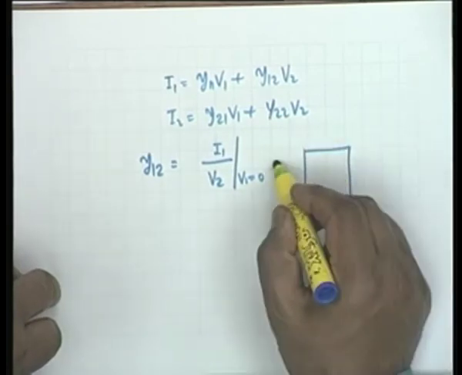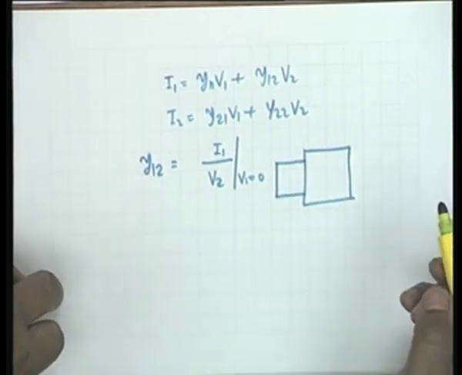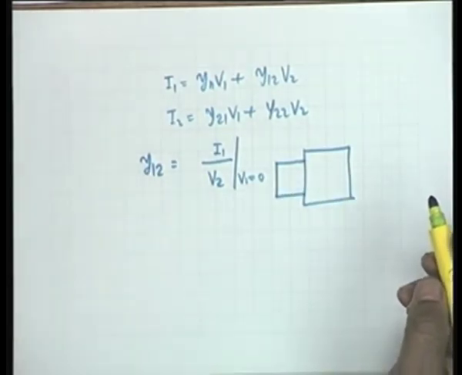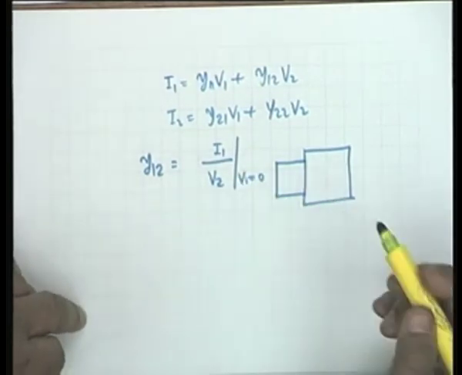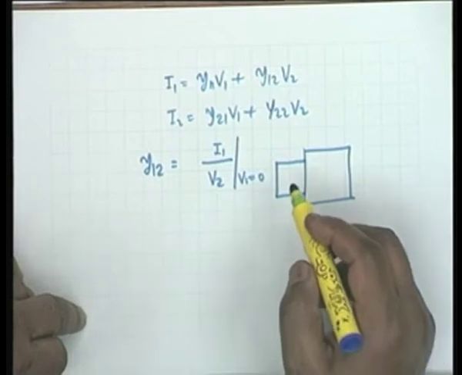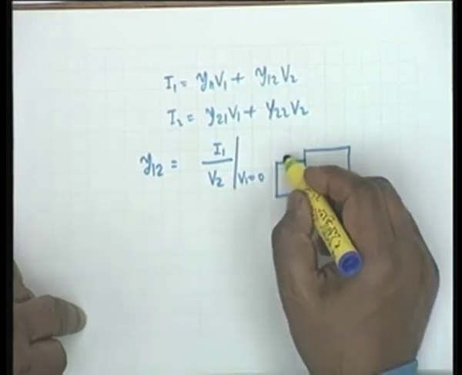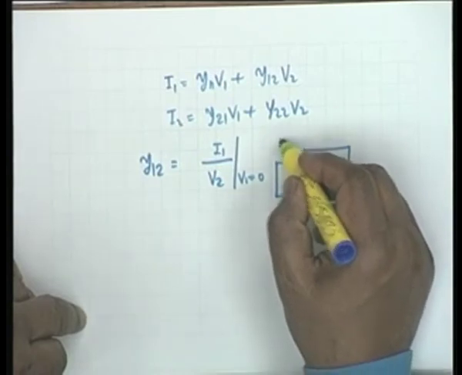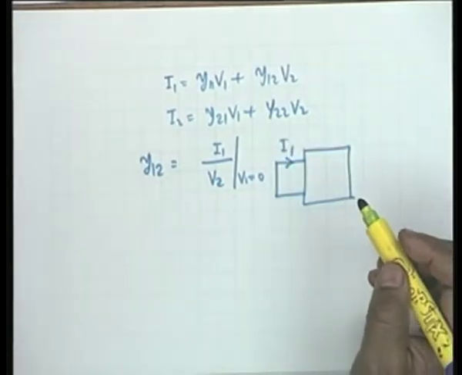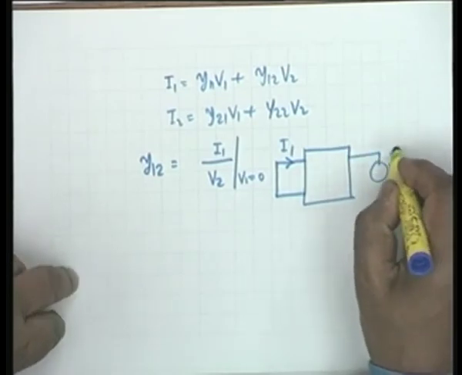V1 equal to 0 means you are short circuiting this, no voltage can appear across a short circuit, and you have to find I1. Now, one of the common mistakes is the direction of I1, which direction should we take? It should go up, this is I1, you must not change the direction of the current, and you have connected a voltage source here, V2.